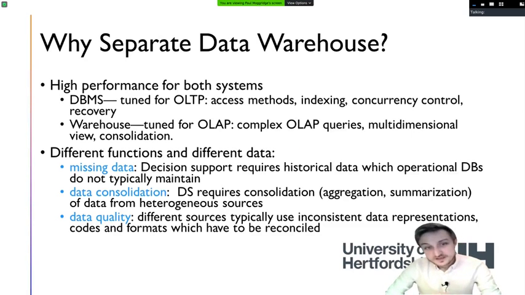There are big advantages to separating the data warehouse. As I mentioned, having the data warehouse separate from the operational system is beneficial for both, and there are different ways of accessing and using the data that lend to different types of optimization.